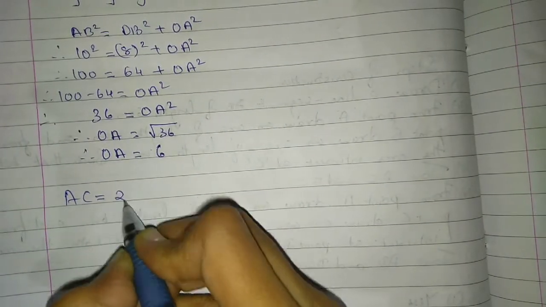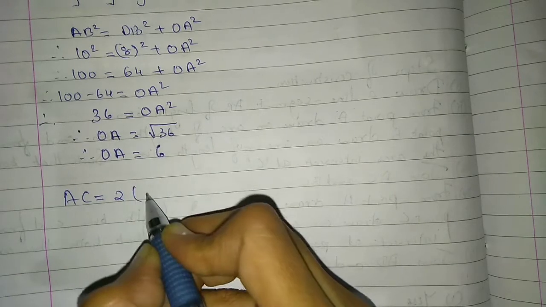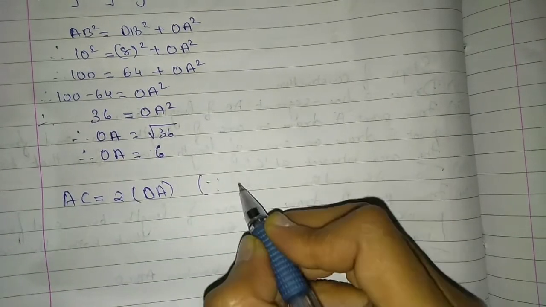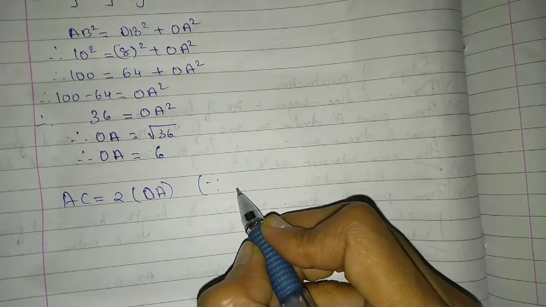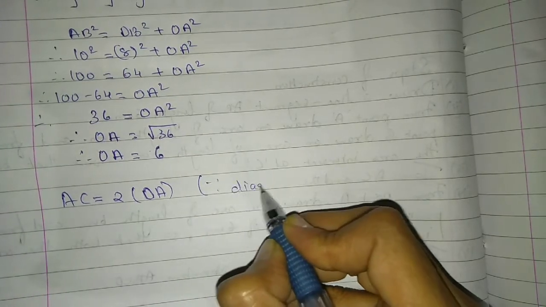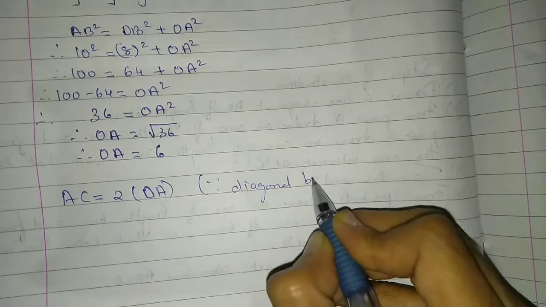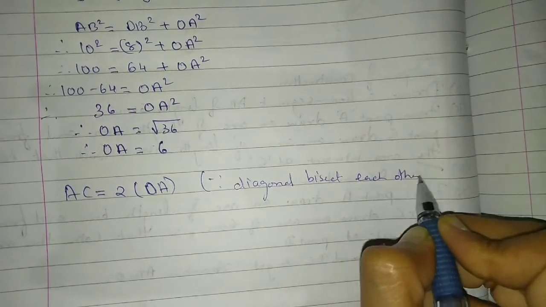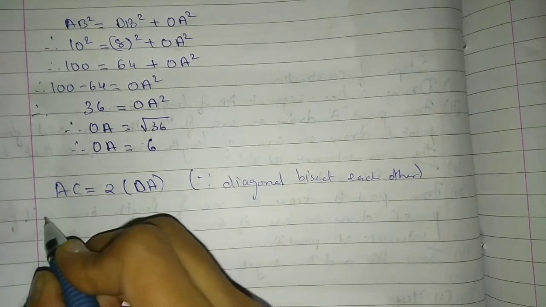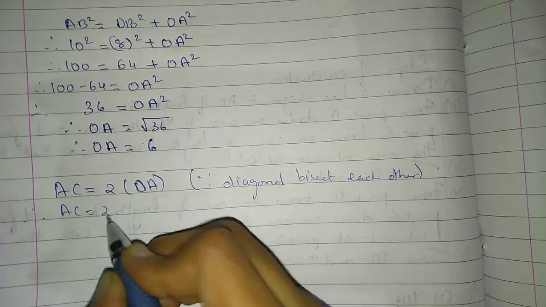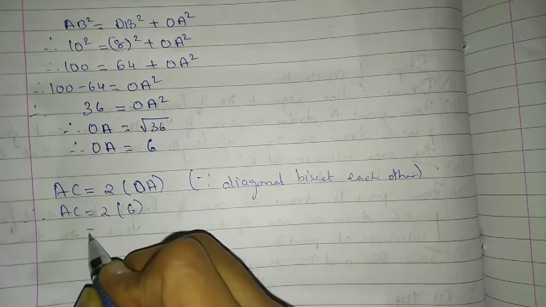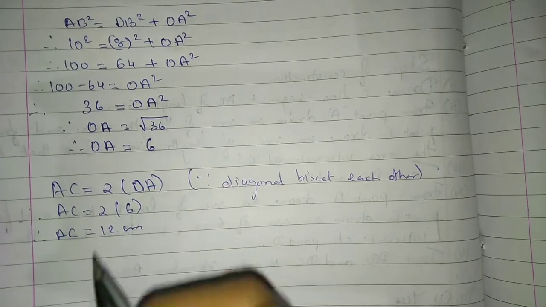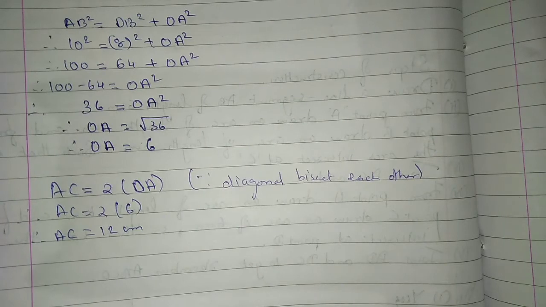AC equals 2 into OA. Why? Diagonals bisect each other. So AC equals 2 into 6, which is 12 centimeter. Therefore AC equals 12 centimeter.